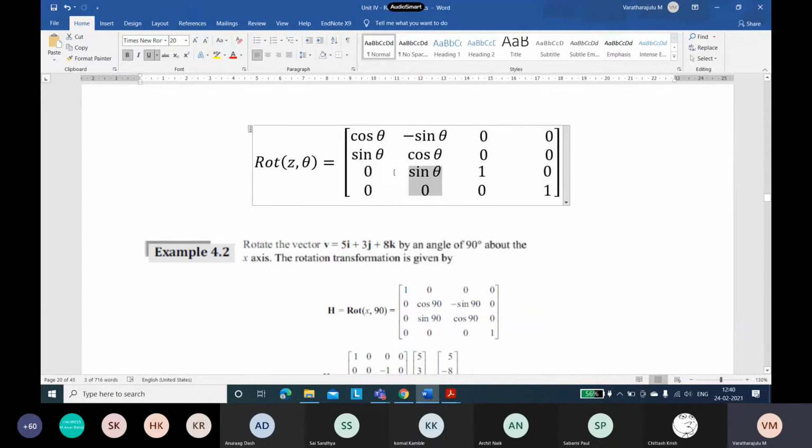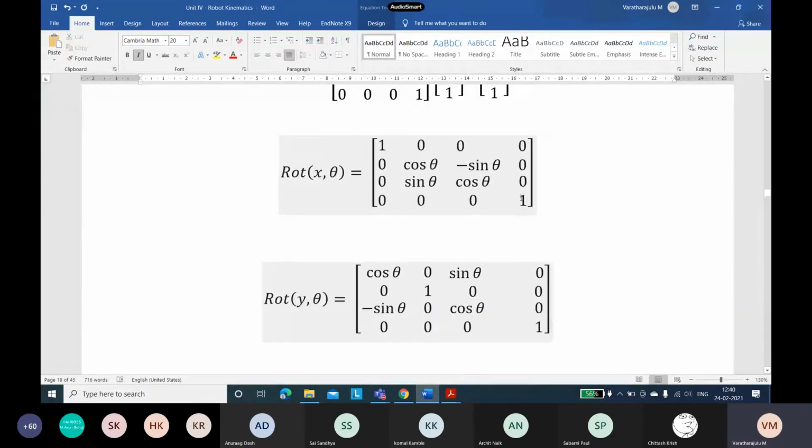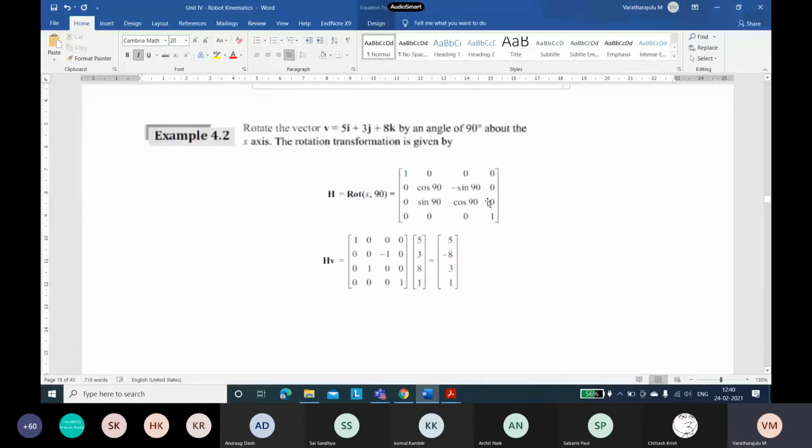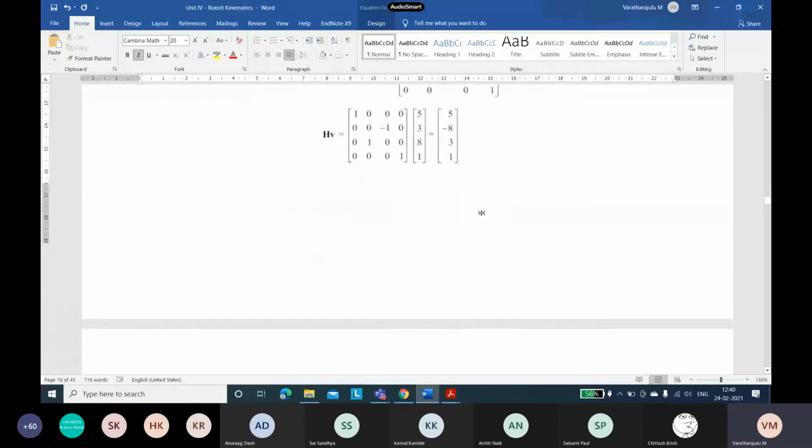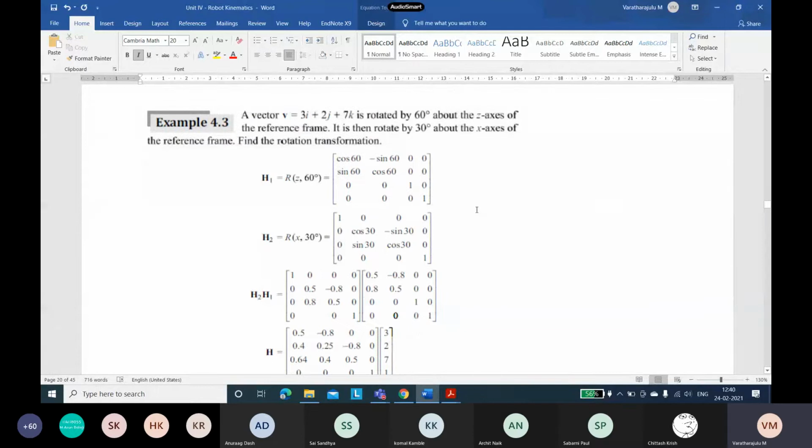Apart from this, the main diagonal should be cos, and the secondary diagonal should be sin theta. We need to remember these rotational transformation matrices, and with them we'll solve this particular problem.